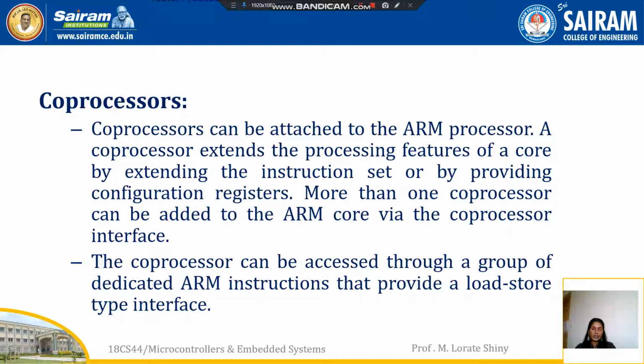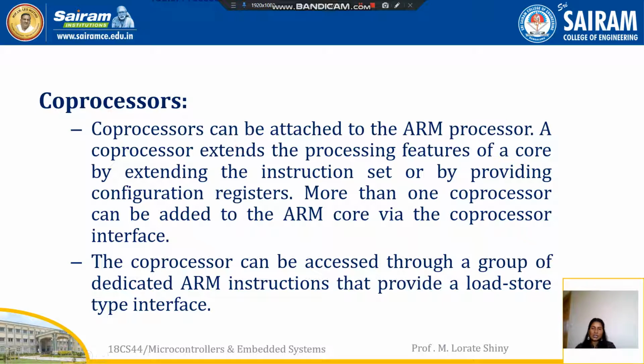At that time, we can connect a co-processor to support the main processor. These co-processors also have a different instruction set. So whenever we connect a co-processor with the main processor, there will be a set of instructions associated with each co-processor that need to be executed to achieve the task.